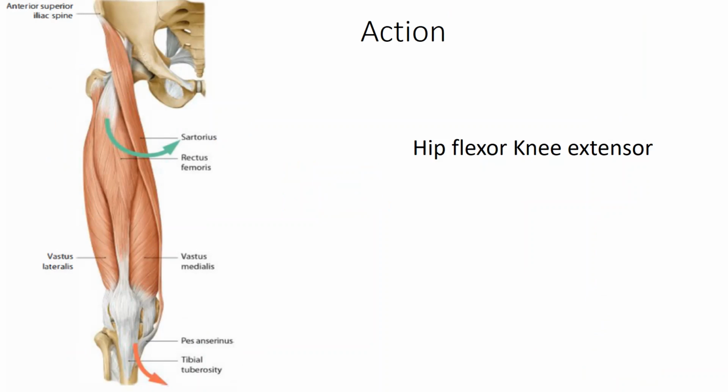Now since this muscle crosses the hip joint as well as the knee joint, it causes flexion at the hip. So it is a hip flexor when it crosses the hip joint, and an extensor of the knee when it crosses the knee joint.